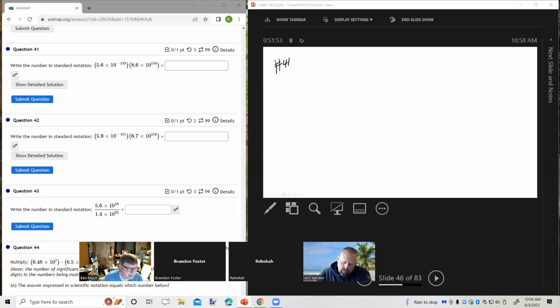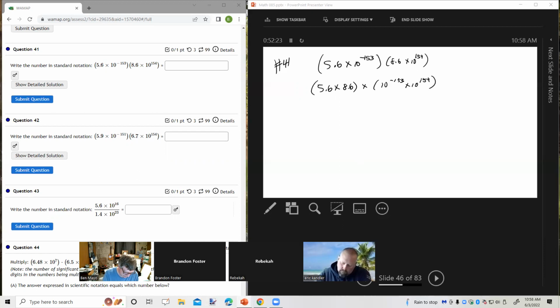Write the number in standard notation. 5.6 times 10 to the negative 153, and then times 8.6 times 10 to the positive 154. So we get 5.6 times 8.6 times 10 to the negative 153 times 10 to the positive 154.